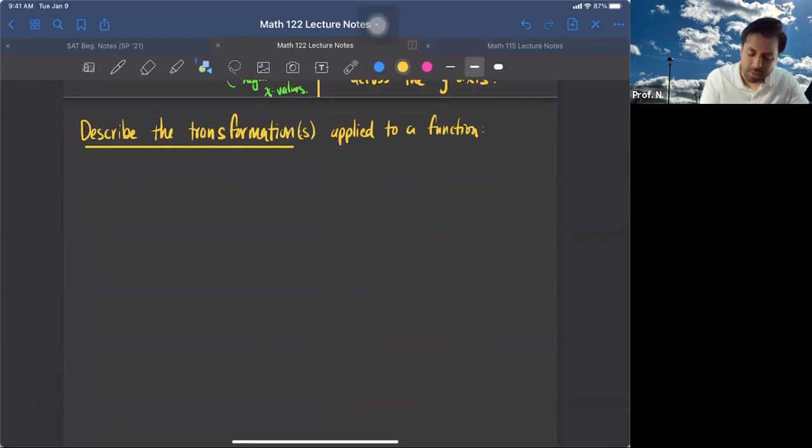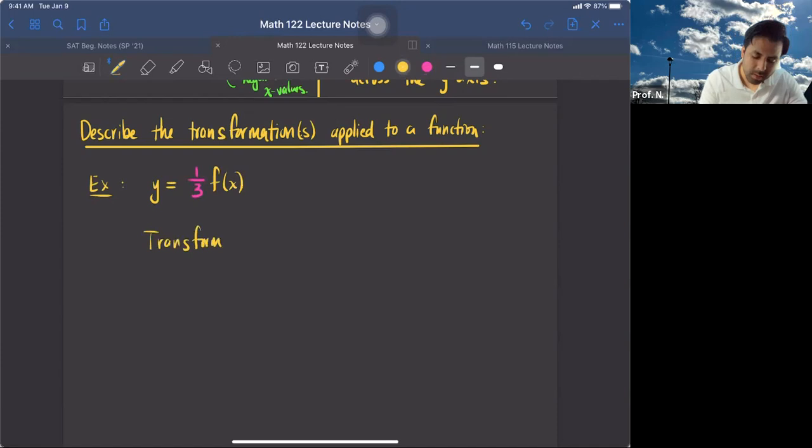We're still going to be talking in generality, but then hopefully we'll see the specific examples here. So what happens if I give you something like y equals 1/3 f of x? What's the transformation? What's the transformation that I'm applying?